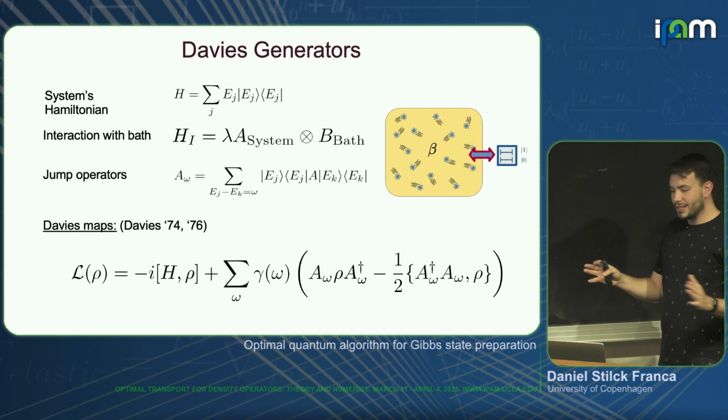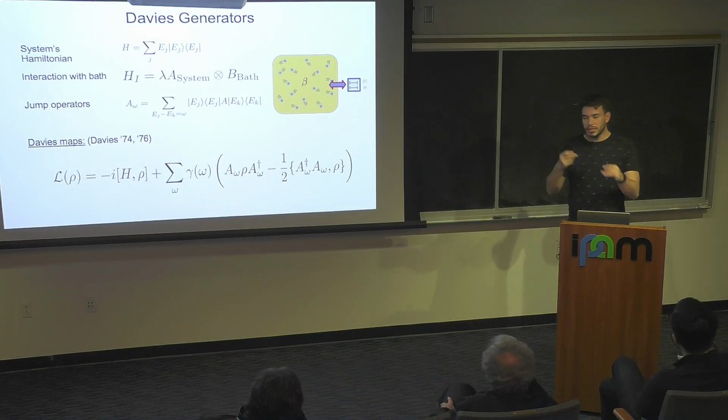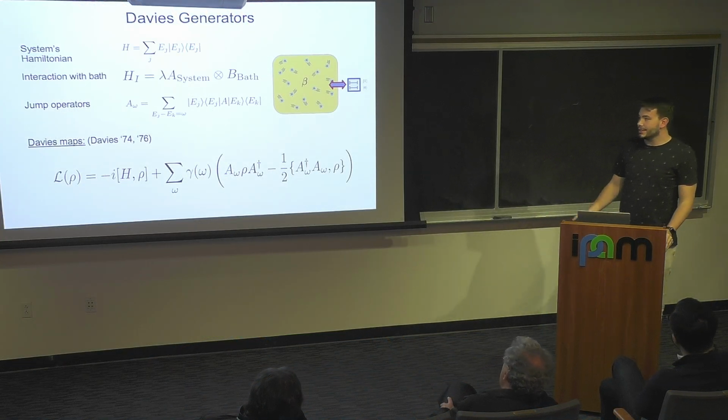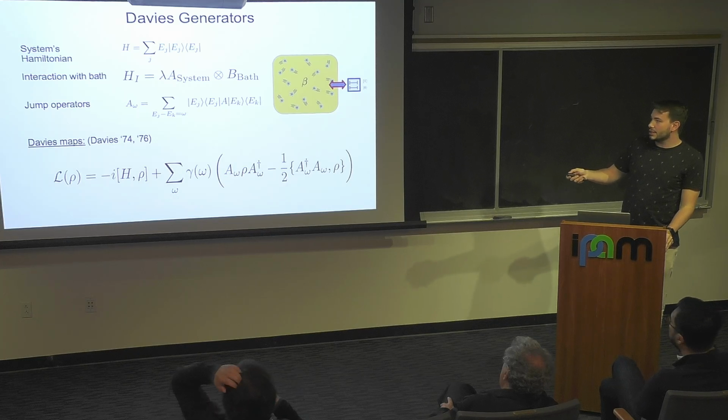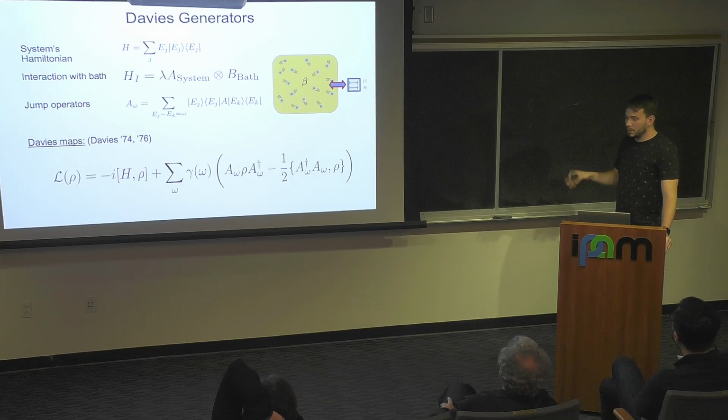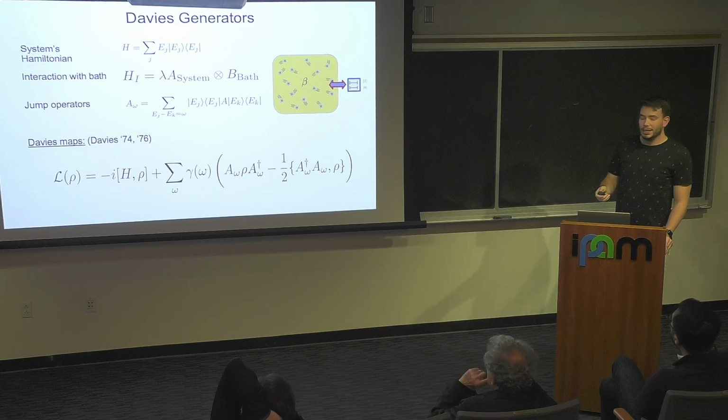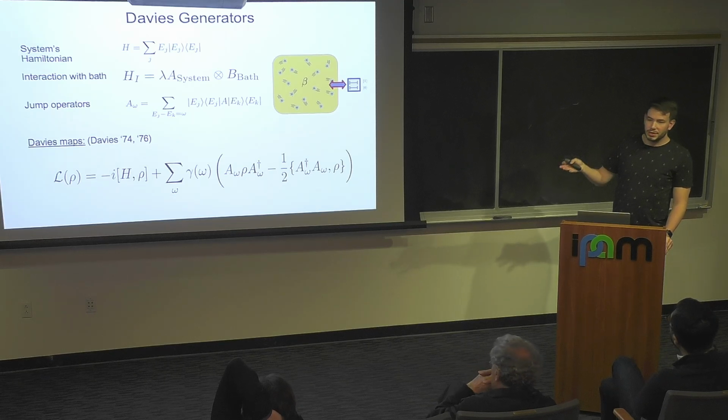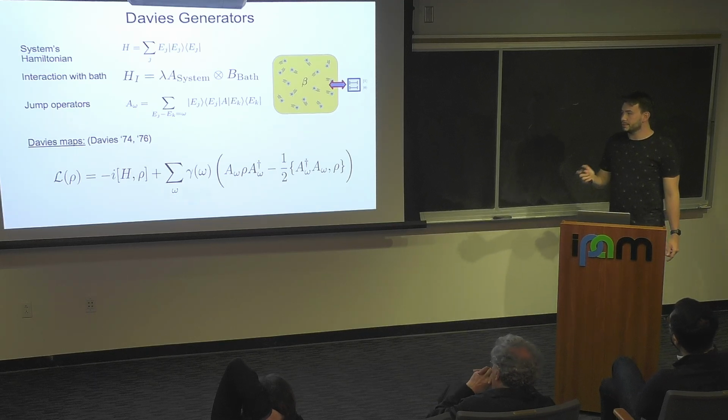And for classical systems, let's say you have some Ising model or something like this, and your energies are integers, then this omega will in principle be well behaved, of constant order. But for quantum systems, this can be exponentially small. So this is one of the reasons why this is not so well justified.